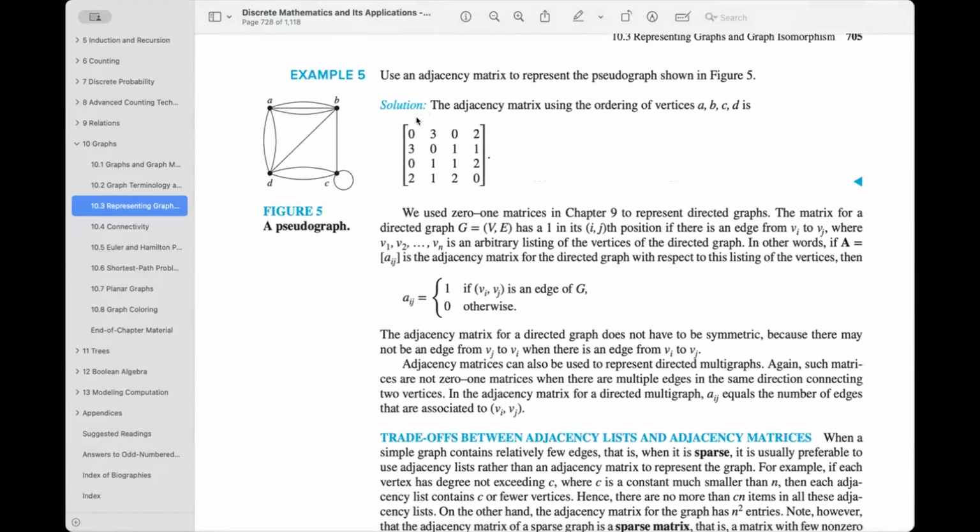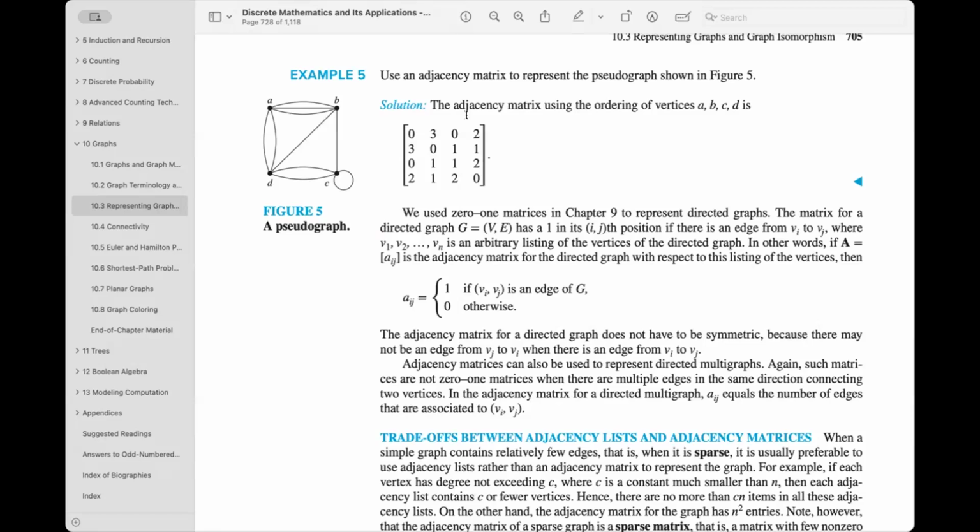But basically, the columns of an adjacency matrix just represent the vertex that the edge is going into. So that's the in degree.